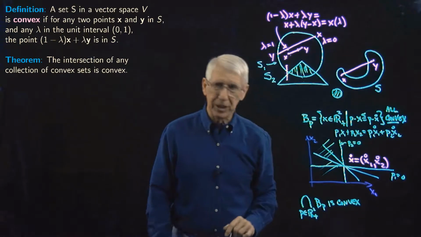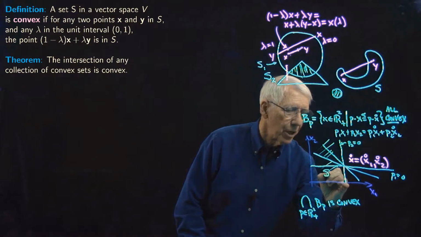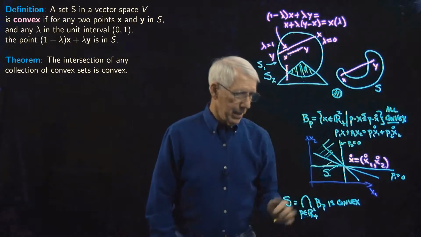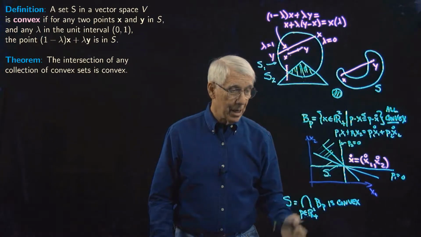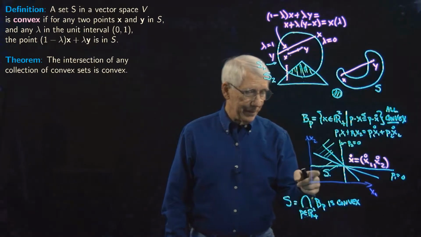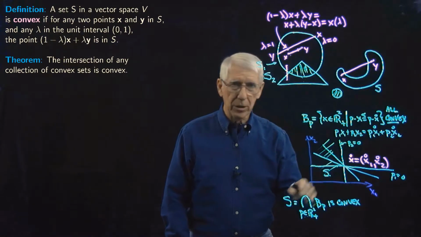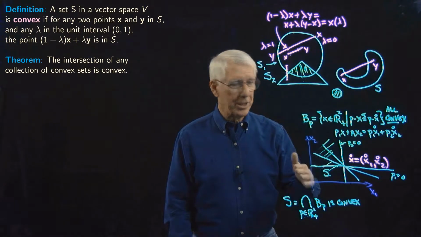Well, what is the intersection of all these things? Clearly, that's this little rectangular region that I'll call S down here. That's the intersection of all of these. It's this rectangular region, which is convex. Now, notice that in this particular example, I could have generated this little rectangular region by just looking at the intersection of two of the budget sets.